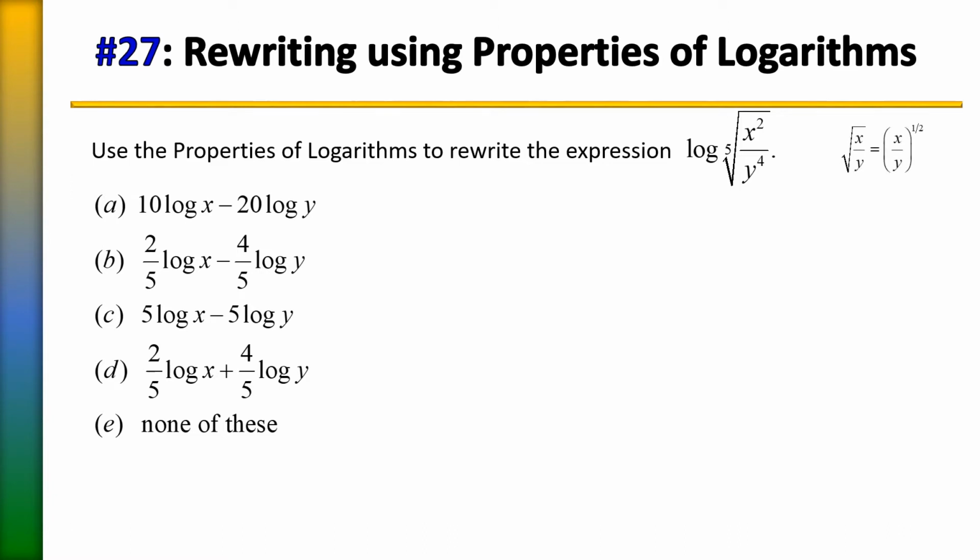For example, let's say if I have the square root of x over y. So if I have an expression like the square root of x over y, that would transform into x over y raised to the 1/2 power.